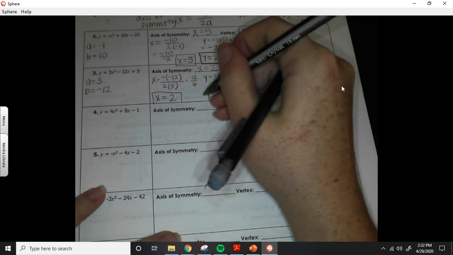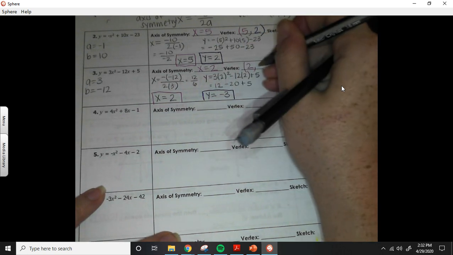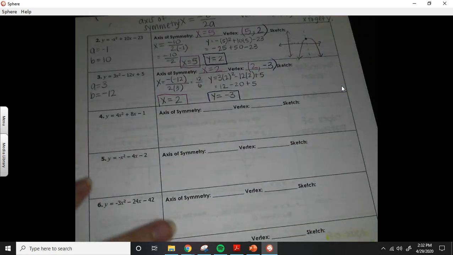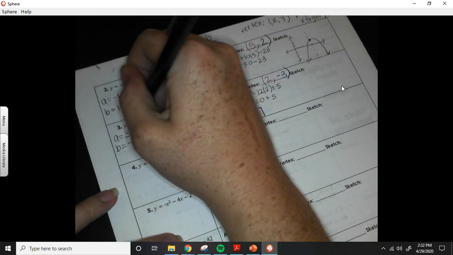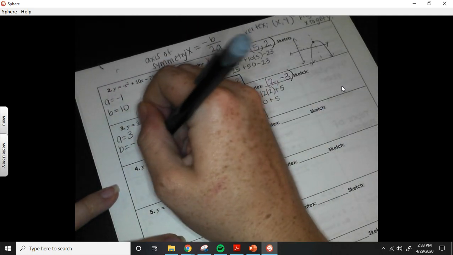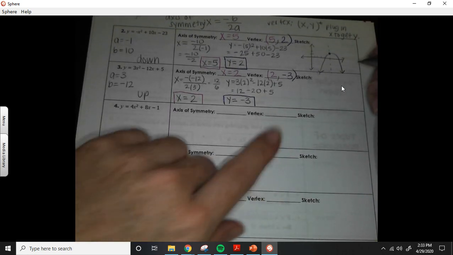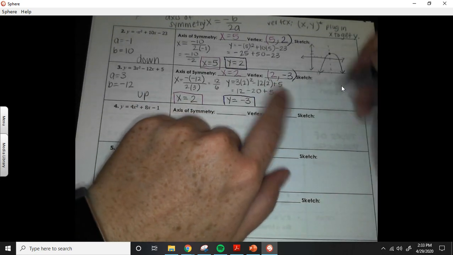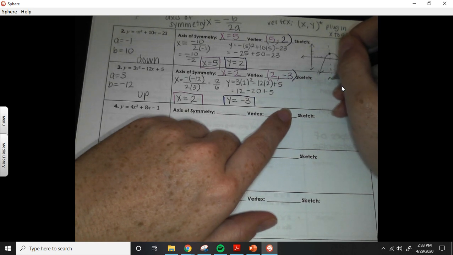So we've got our vertex, we've got our axis of symmetry, and we know how this opens. We can say how this opens up or down. So number 2 opened down, number 3 opened up. So when we do our sketch, our vertex is going to be at 2, negative, so we're going to go down a little bit.